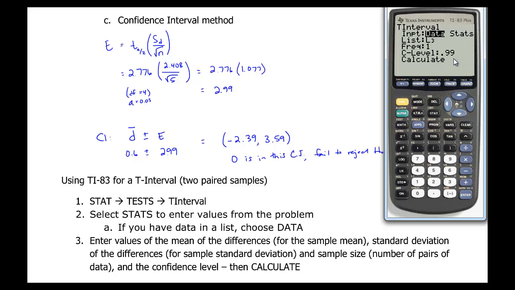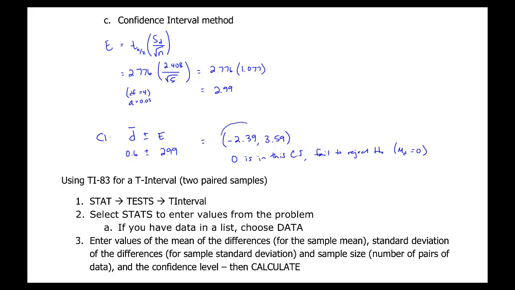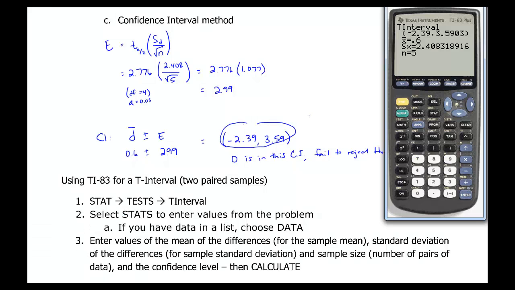Confidence level that we're after, since alpha is 0.05, we want a 95% confidence interval, so we need to change that to 0.95. And we're going to calculate. And there it is. So exactly the same as what we got calculating by hand. And then again, it also recaps the mean and standard deviation for you if you needed to write that down.